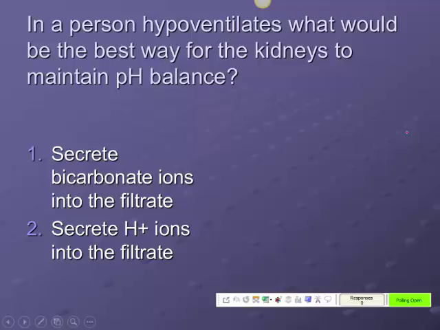So if a person hypoventilates, what would be the best way for the kidneys to maintain pH balance? So think what happens when a person hypoventilates. What would it give rise to? And then what would the kidneys do?